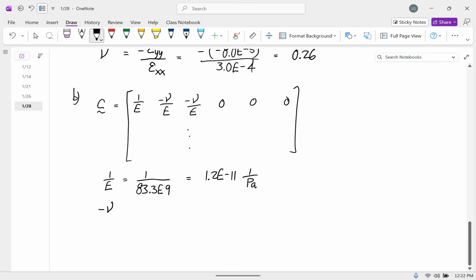The second element value that we get is negative nu over E. So that is negative 0.26 repeating divided by 83.3 times 10 to the 9. And that one gives you negative 3.2 times 10 to the minus 12, 1 over pascals.